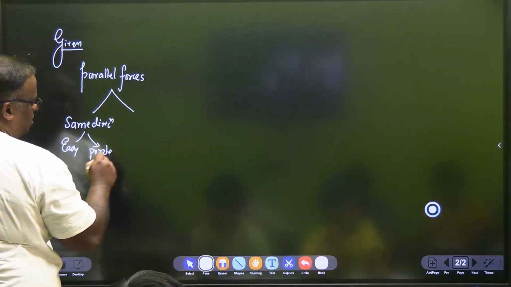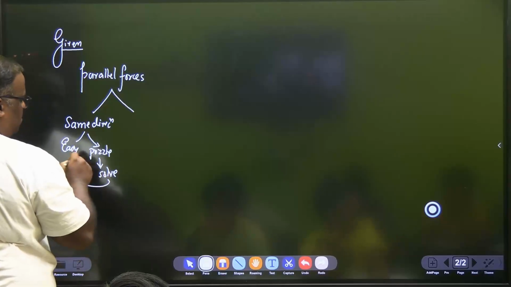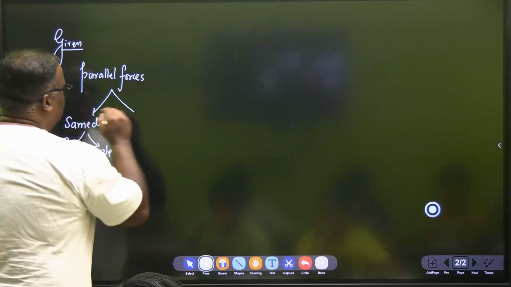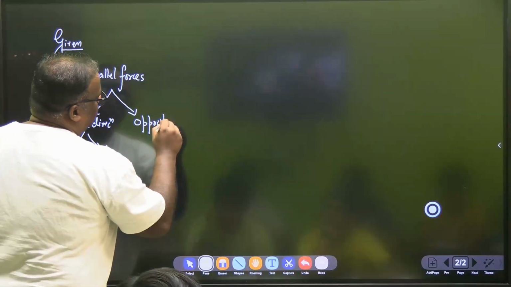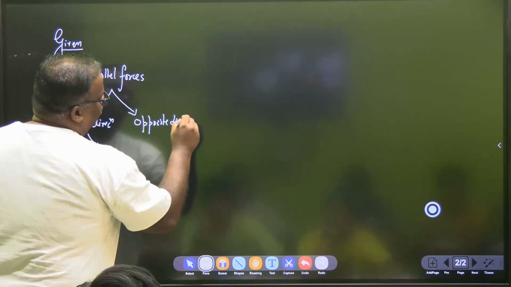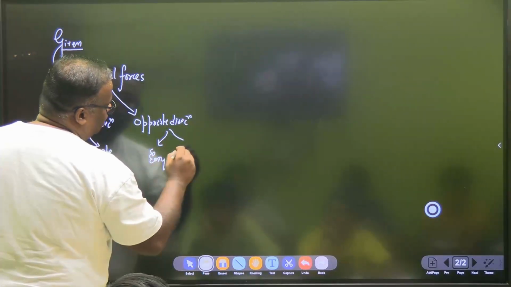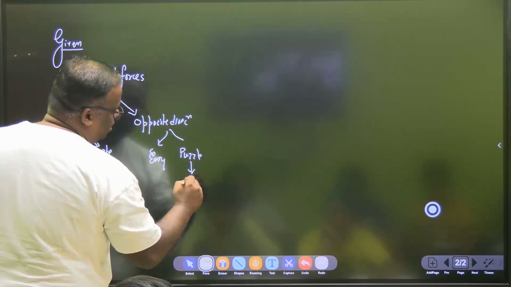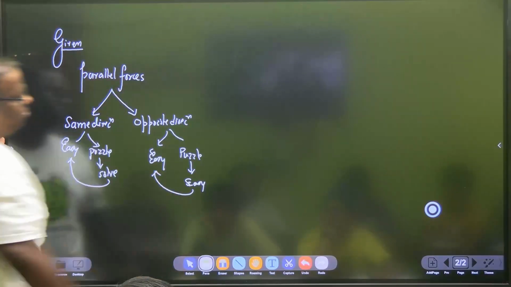In both cases, if it is a puzzle, you solve the puzzle and ultimately bring it to an easy manner. Got it? Or they can be in opposite direction. Opposite direction can also be given in an easy manner, or they might be given as a puzzle. If they are given as a puzzle, you make it easy. Your job is to make it easy.